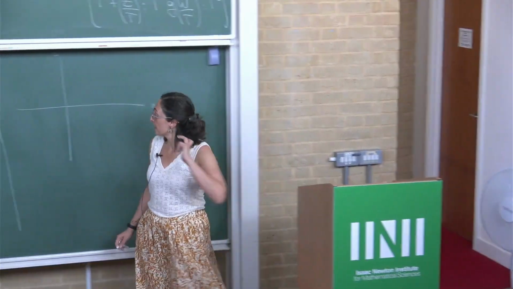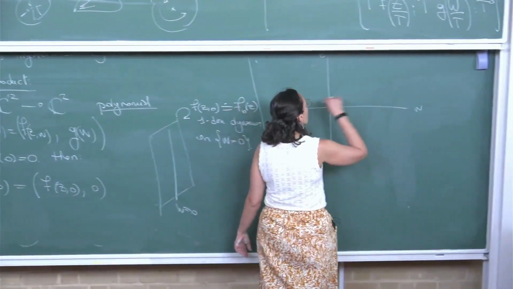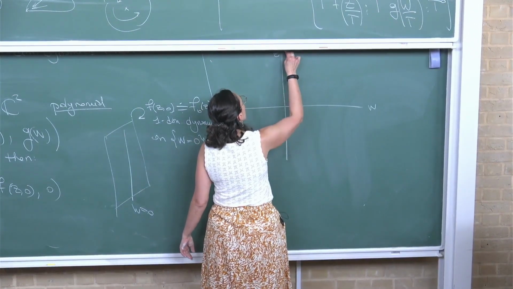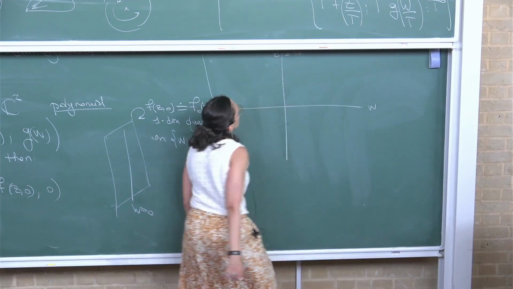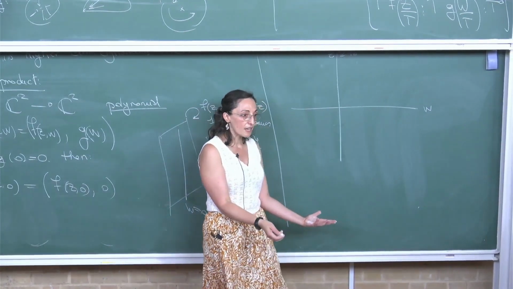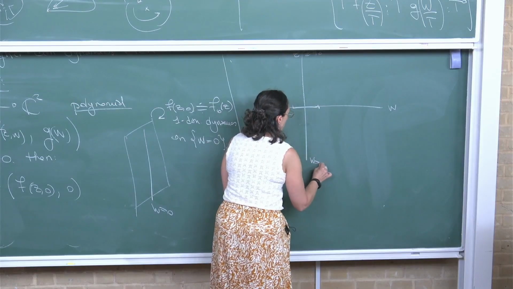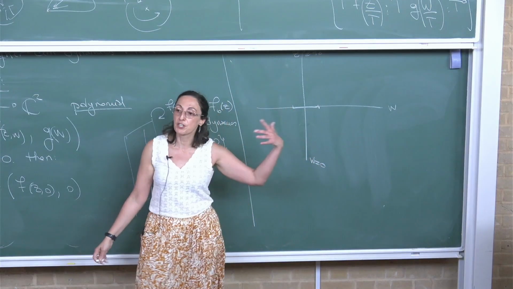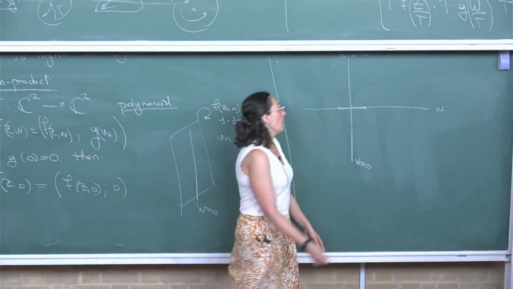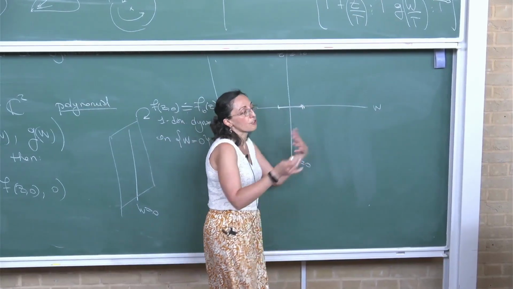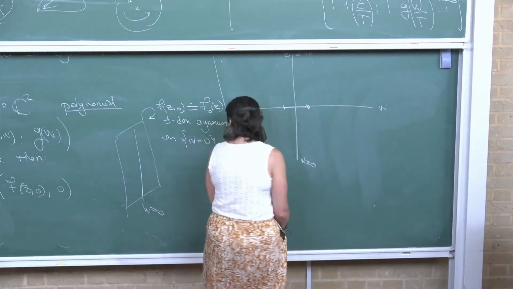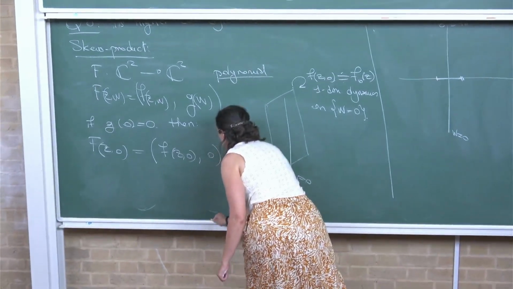So what happens in here is that on this invariant line, I have f_0, and I can ask myself: w equal to 0 is a Fatou component for G. Say you are in an attracting domain. So what happens to my fibers, which are not invariant?